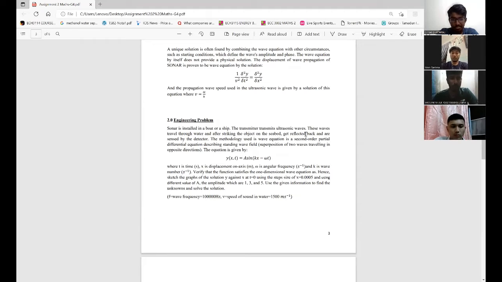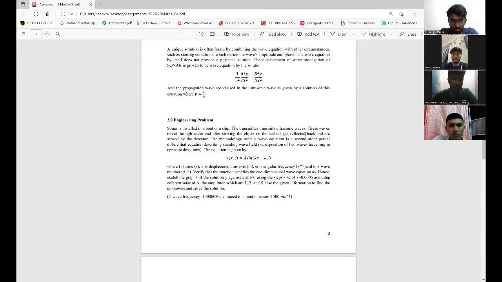The equation is given by y(x,t) equals A sin(kx minus omega t), where t is time in seconds, x is displacement on the x-axis in meters, omega is angular frequency in radians per second, and k is the wave number. The engineering problem is to verify that the function satisfies the one-dimensional wave equation.